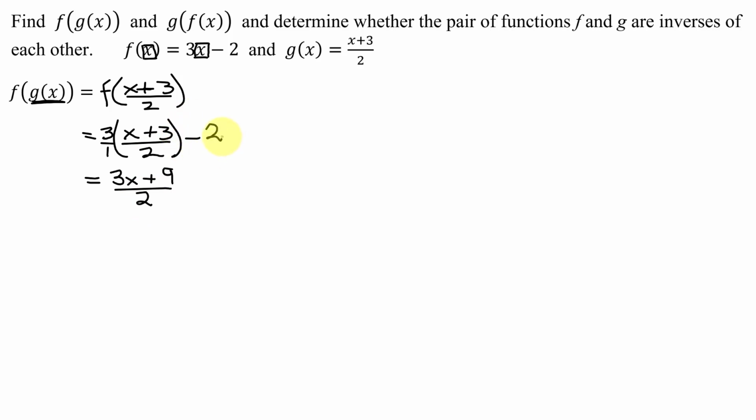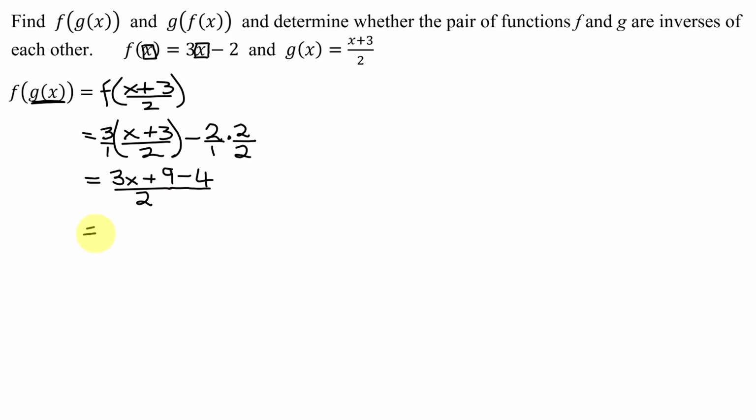Now I'm going to have to subtract 2 from this expression, so I'm going to need a common denominator. My common denominator is going to be 2. So I'm going to turn 2 into a fraction by dividing it by 1. Then I have to multiply numerator and denominator by 2. So I'm going to get minus 2 times 2 is 4 over 2.